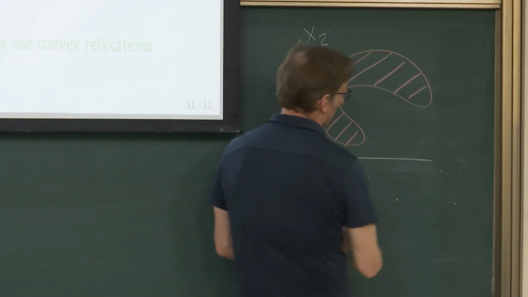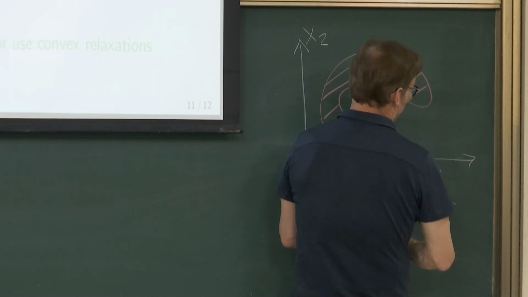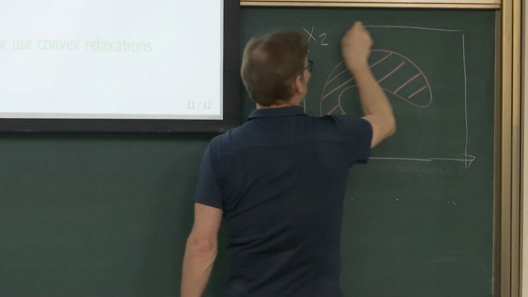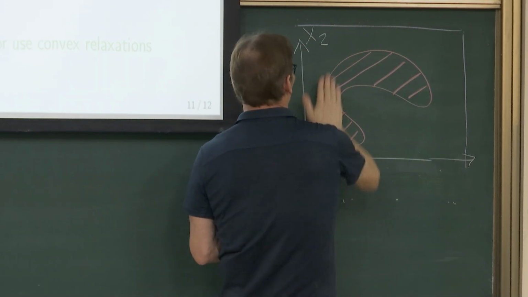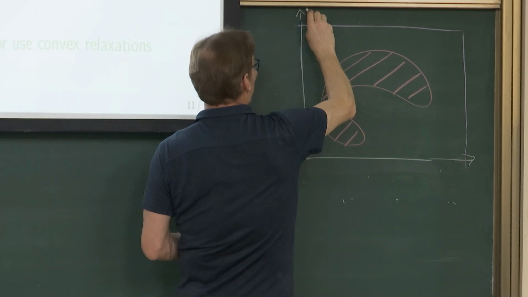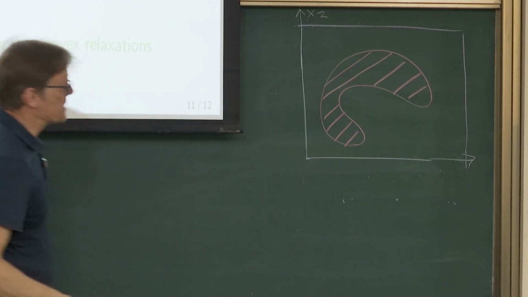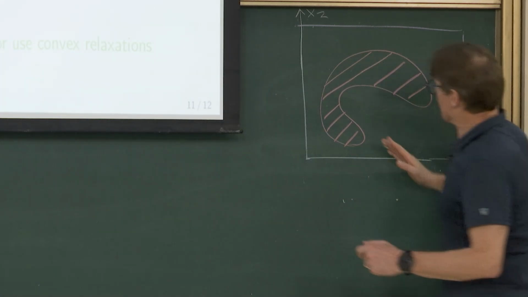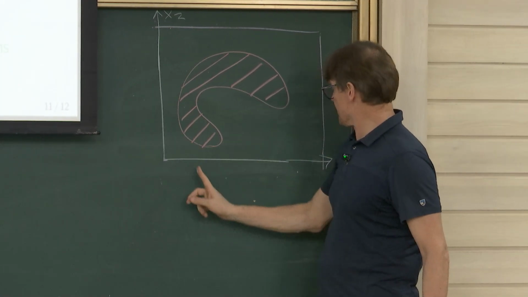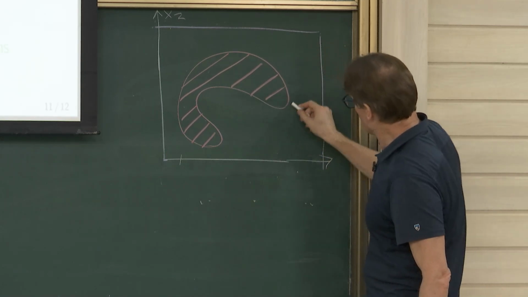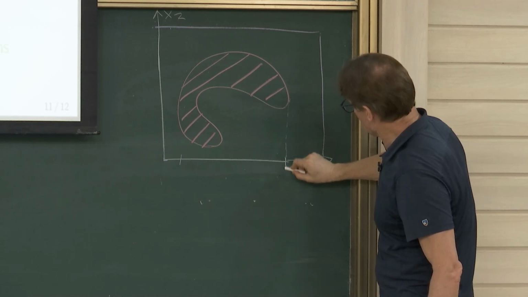I need to make this a bit longer. But these bounds are not tight. So my initial bounds might be this box here, for example. And so you can see that this box is quite loose. And ideally what you would want to do is say, okay, I want to find the lower bound on x1, the ideal value would be here, and the upper bound on x1 would be here.